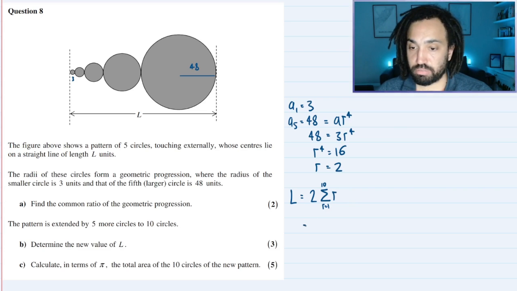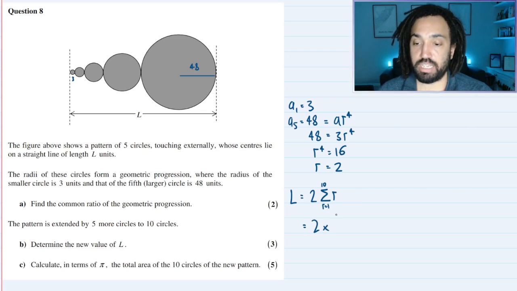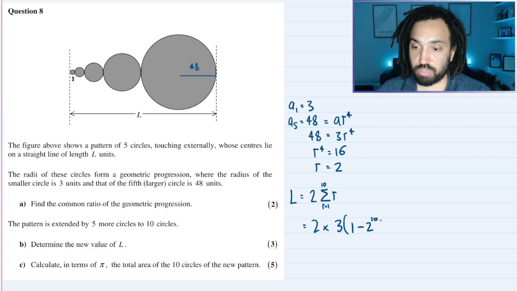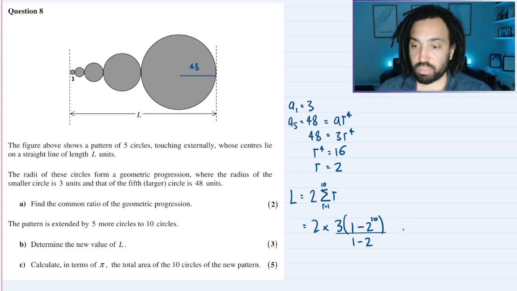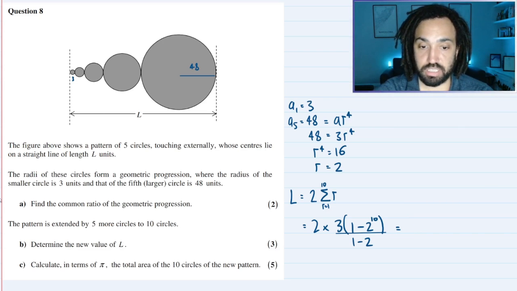Okay, so we need to do 2 times the formula for the summation, which is a, the first term, 3, times 1 minus r, which is 2, to the power of the number of terms, which is 10, all over 1 minus r. Okay, good. So well, I could just put this into my calculator and tell you what it is. Okay, so we get 6138.